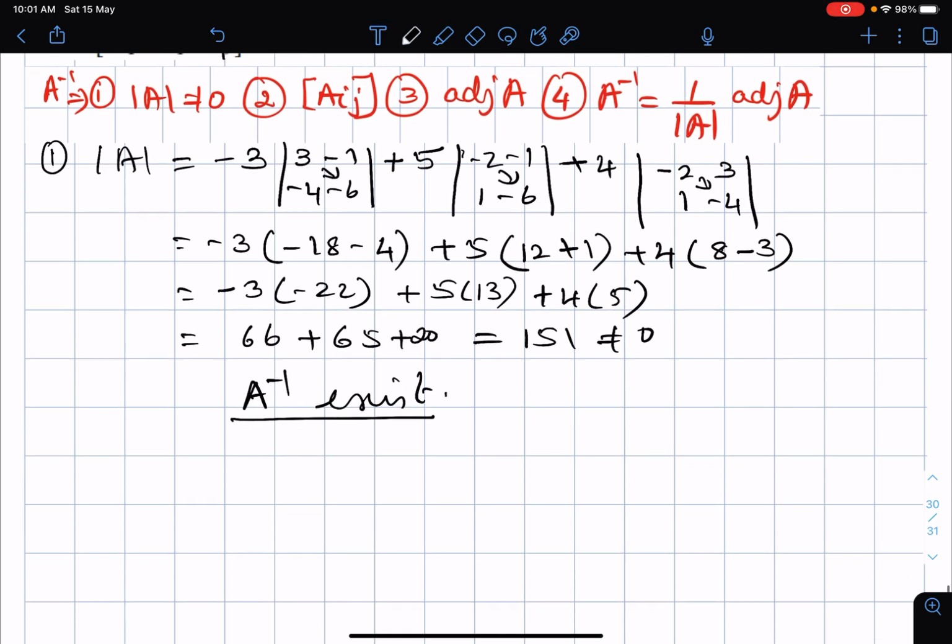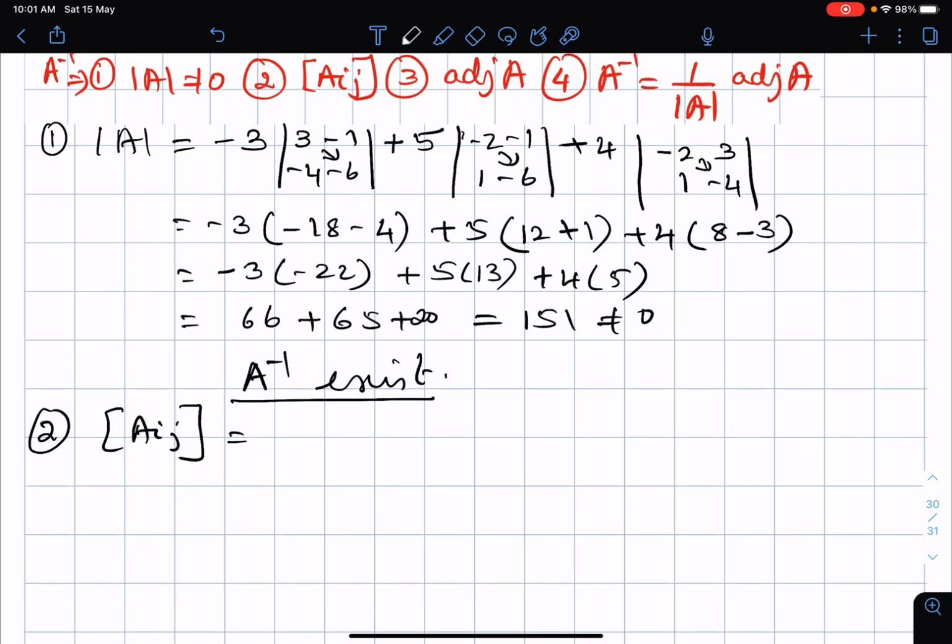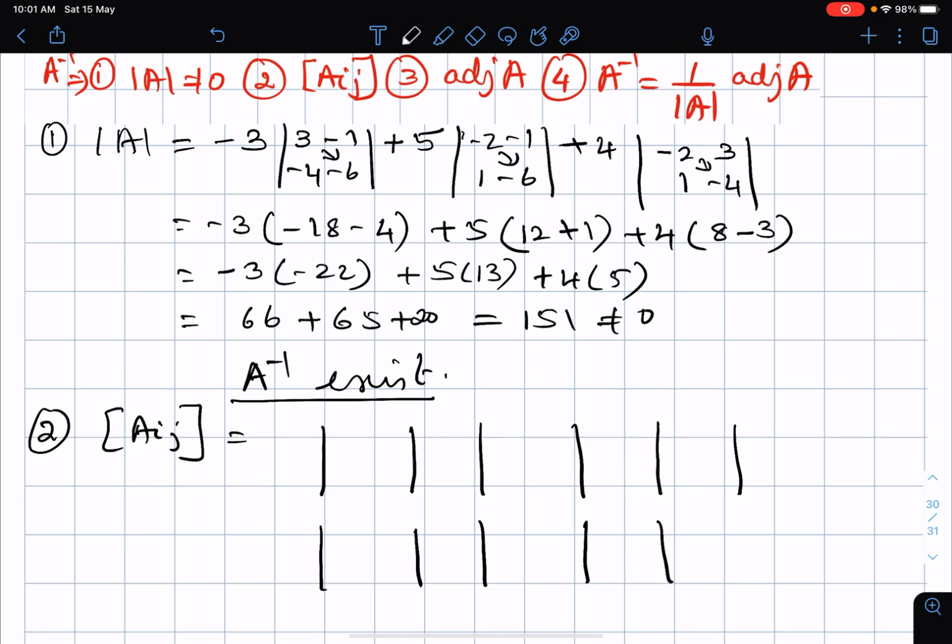Now coming to our second step, we are going to find out Aij, and as I gave you the shortcut method, you are going to write the 9 minors and then the sign convention for it. So this is going to be your first minor, second minor and third minor. First row is over. Second row: first minor, second minor and third minor.